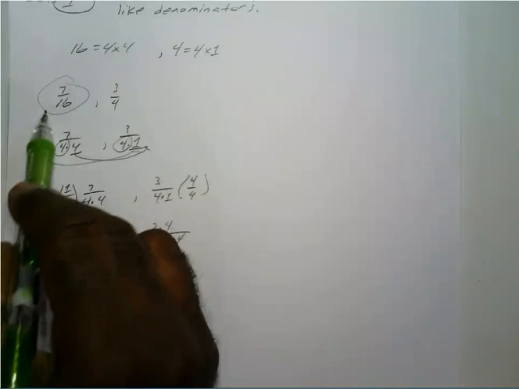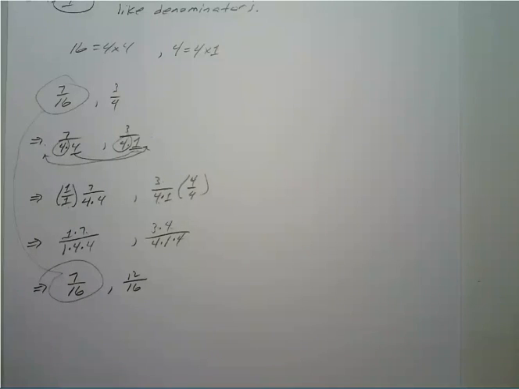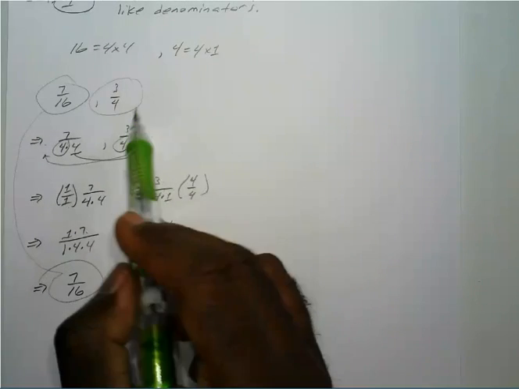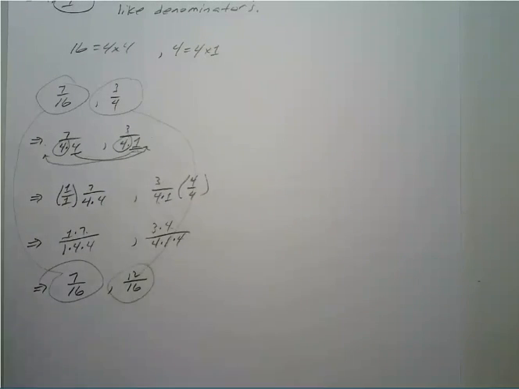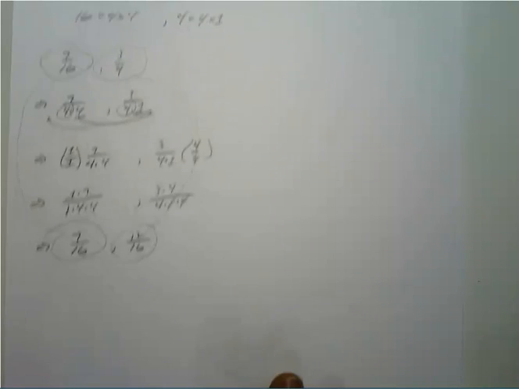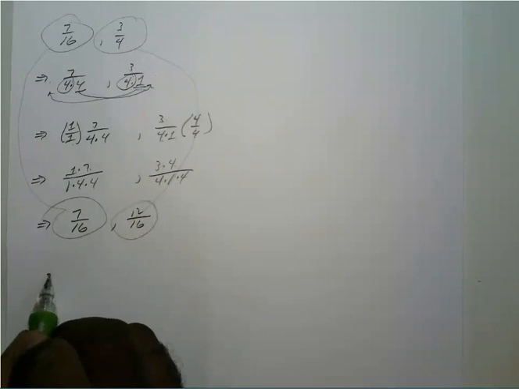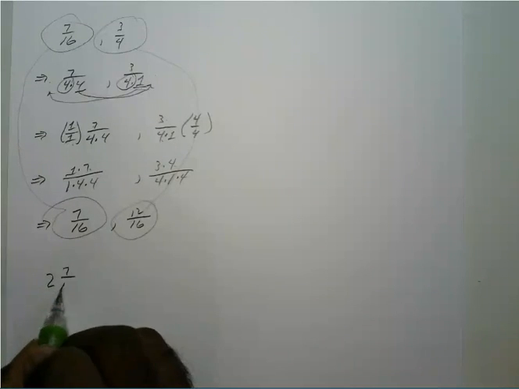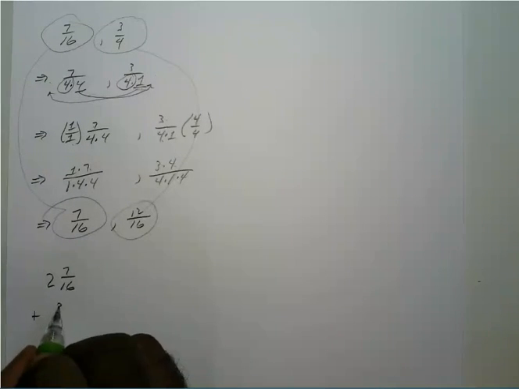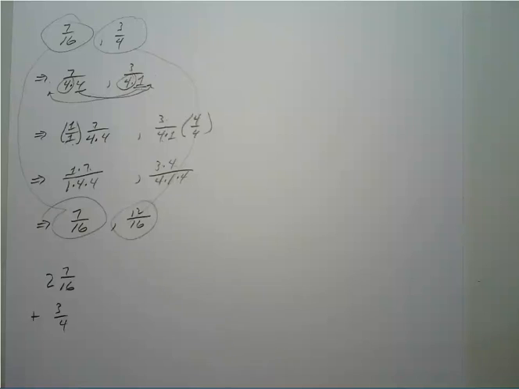Okay, so you have 7/16. You have the common like denominator and 3/4, you have 12/16. So now we rewrite. You have 2 7/16 plus 3/4.